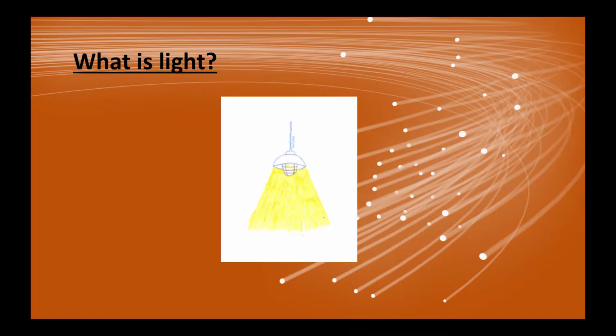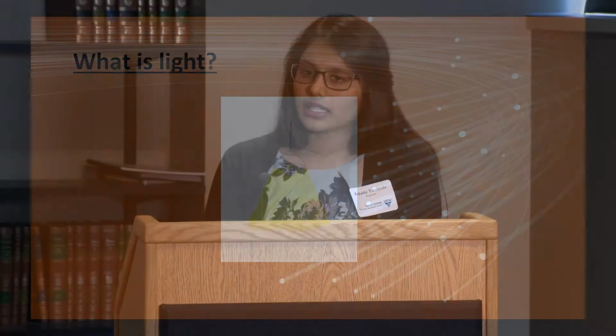So let's start with light. What is light? When we think about light, we think about sunlight, and then when we think more about it, we think of it as rays, and then we think about waves. But that's pretty much how far we go. The most we can usually associate with light is it being waves.